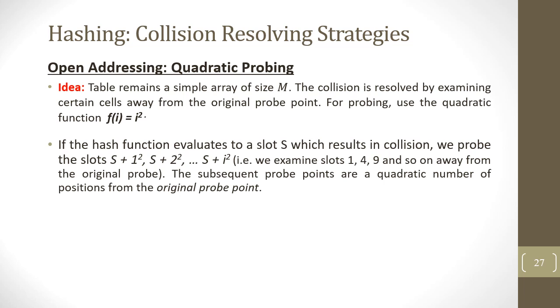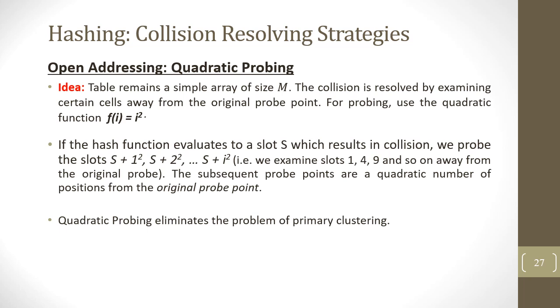So that means we first examine slot 1, then slot 4 and slot 9. So in the case of linear probing, we were examining slot 1, 2, 3 and 4 and so on. But in this case of quadratic probing, we are examining the slot of 1 squared, 2 squared, 3 squared and so on. So the subsequent probe points are a quadratic number of positions from the original probe point.